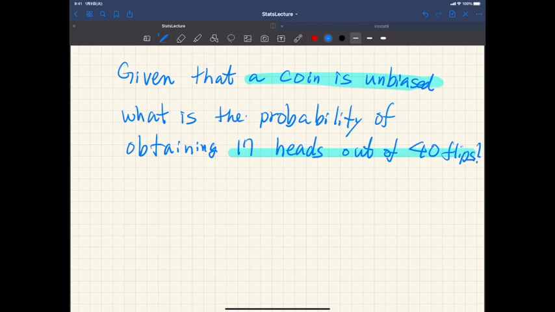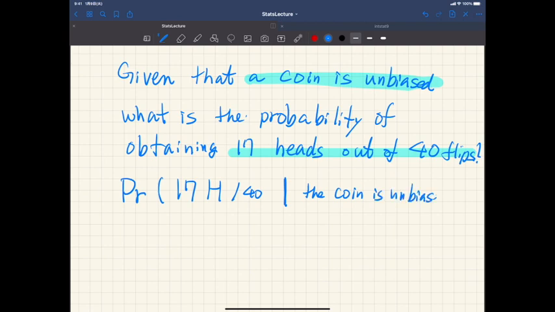That is, to calculate the probability that we obtain 17 heads out of 40, given that the coin is unbiased. So this is a typical problem in probability theory.